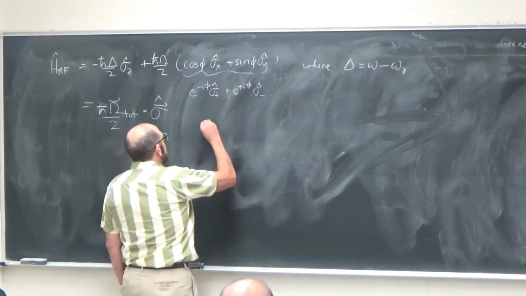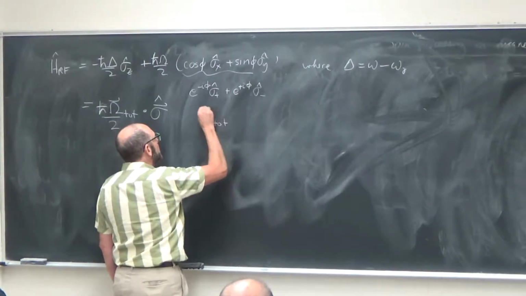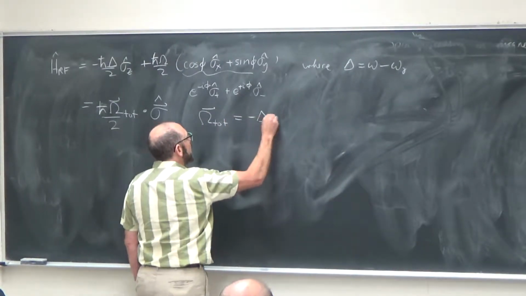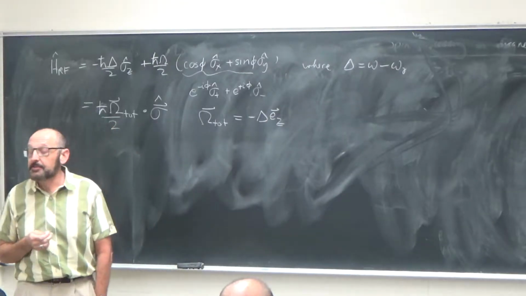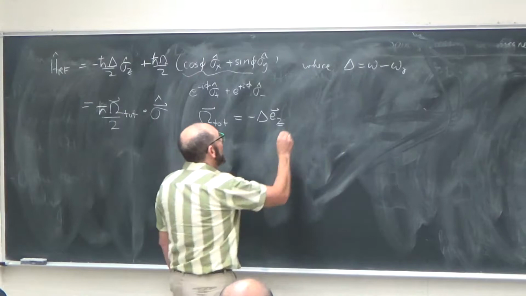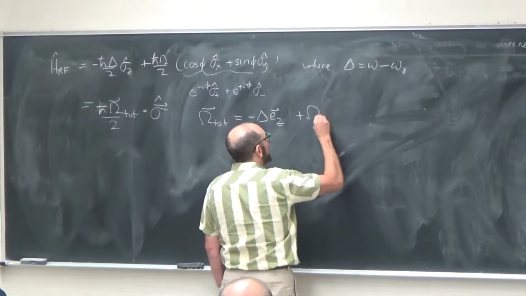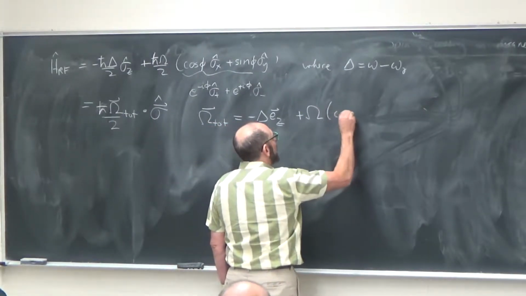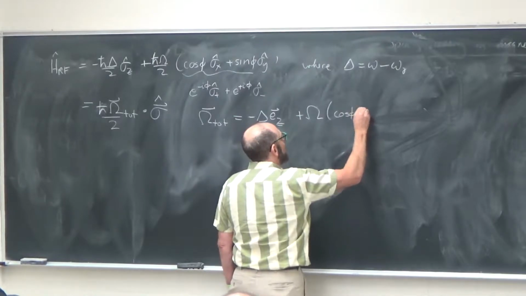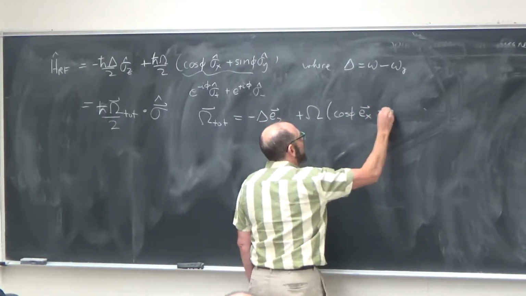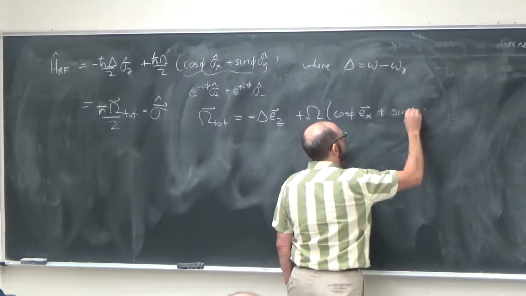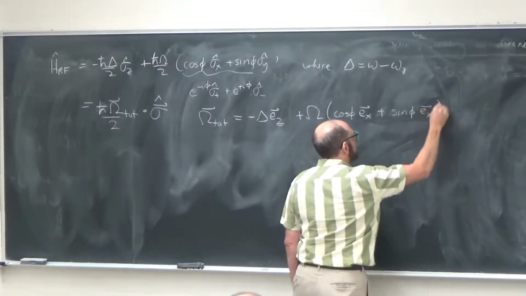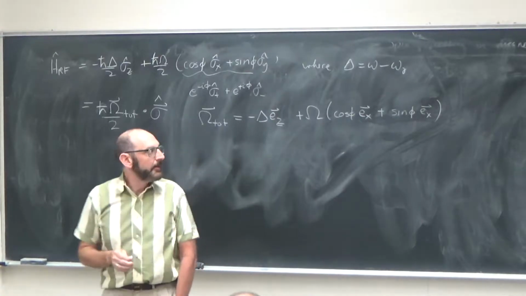And this omega tilde has a z component, which is equal to minus the detuning, and then a transverse component whose magnitude is the Rabi frequency and whose direction in the transverse plane depends on the phase.